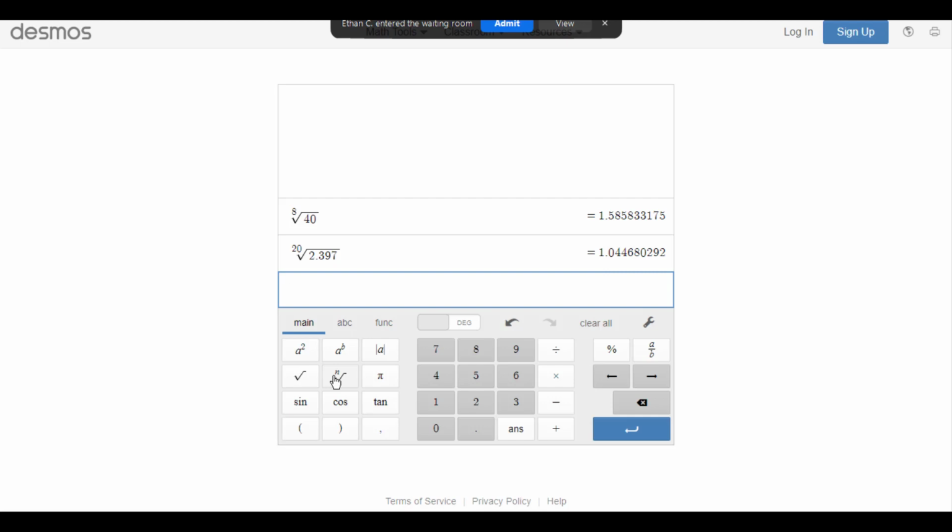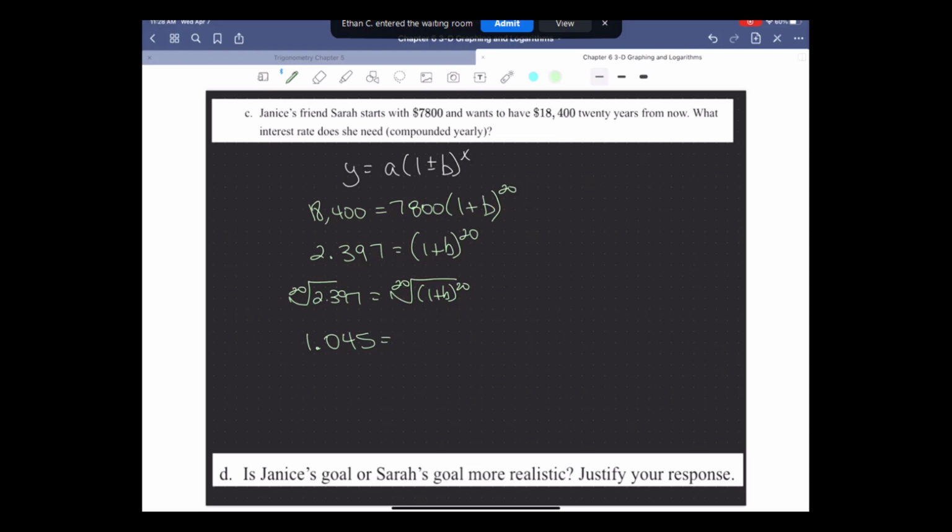We good with that? And when we take the 20th root of something raised to the 20th power, we just get what's left inside, so 1 plus B. Subtract our 1, and we get 0.045. So we want to write that as a percentage.